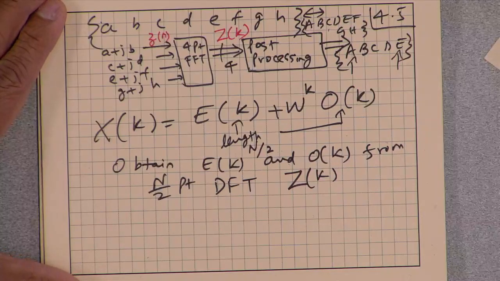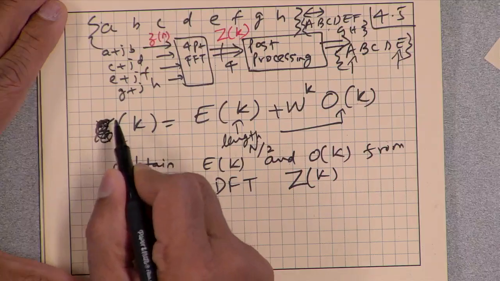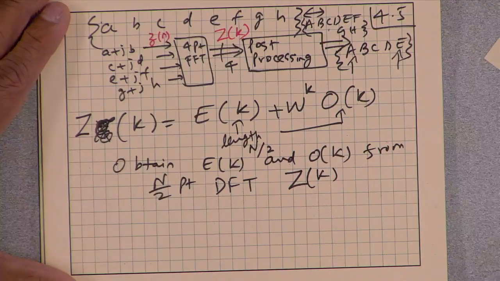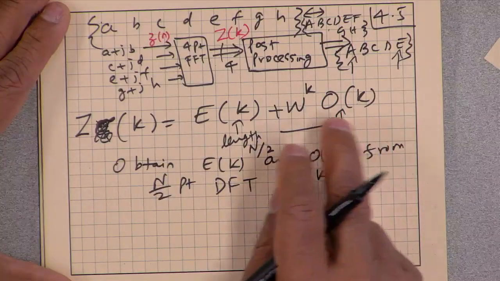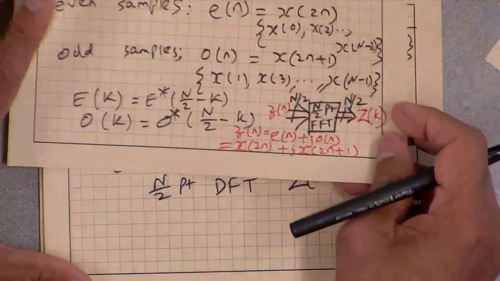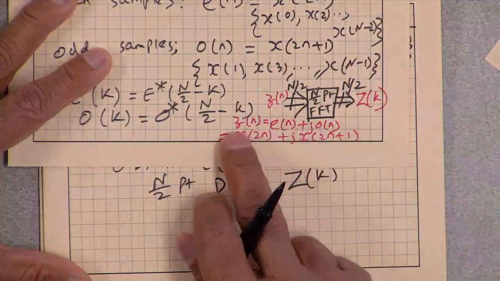Okay, so how can I write this down? Let me write this as Zk. It's true for k equal to 0 to n by 2 minus 1. So Zn is this. You take the DFT of both sides.